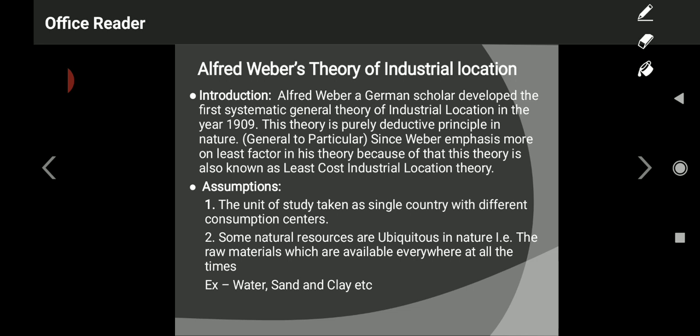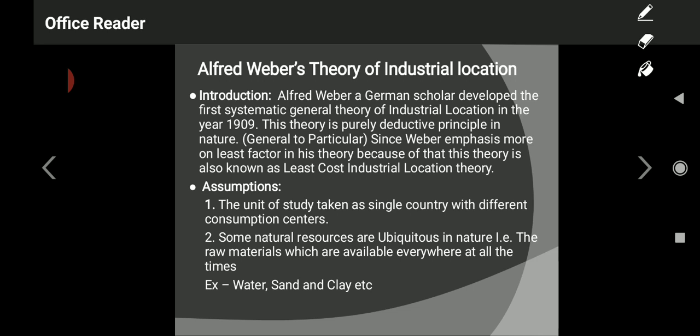Least means when an entrepreneur is locating an industry, his first and foremost focus is on the cost of production. When the factors are available at the least cost, he always tries to select that combination. Because of that, this theory is also known as least cost industrial location theory.